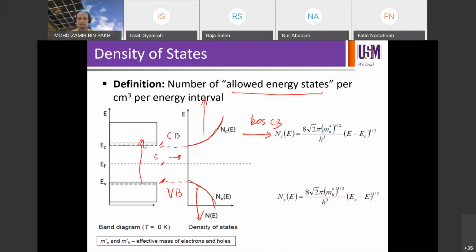On the other hand, if you want to calculate the density of states in the valence band, you need to use this equation below. Note that you need to use NC for the conduction band and NV for the valence band. Let's see how it looks when it is simplified.